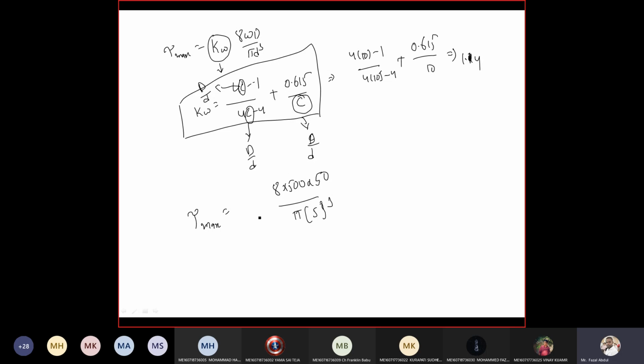So Kw is 1.14. Now tell me what is the maximum shear stress induced in the spring in megapascal. 580.59. How much? 580.59, sir.